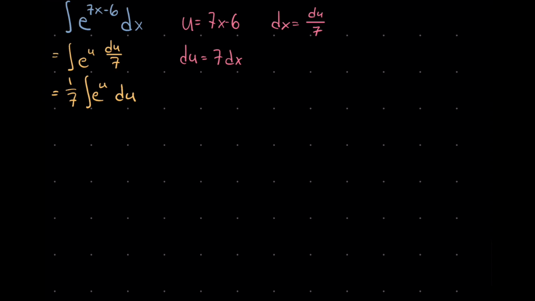It just stays exactly the same, much like the derivative itself. So we have 1 over 7 times e to the u plus some constant c again, because this is an indefinite integral. And our last step is to take our u equals 7x minus 6 and plug it back into the equation. We get that it's equal to 1 over 7 times e to the power of 7x minus 6 plus c for some constant c.